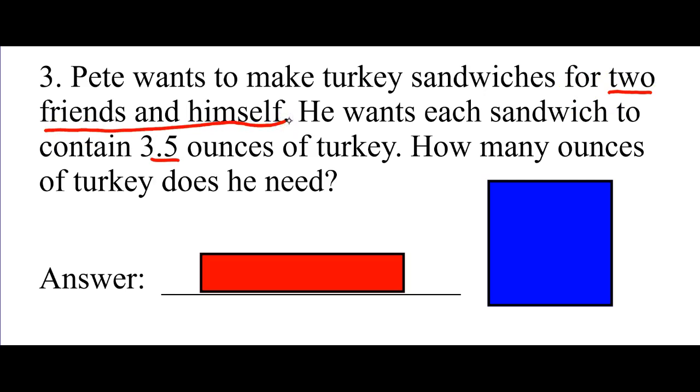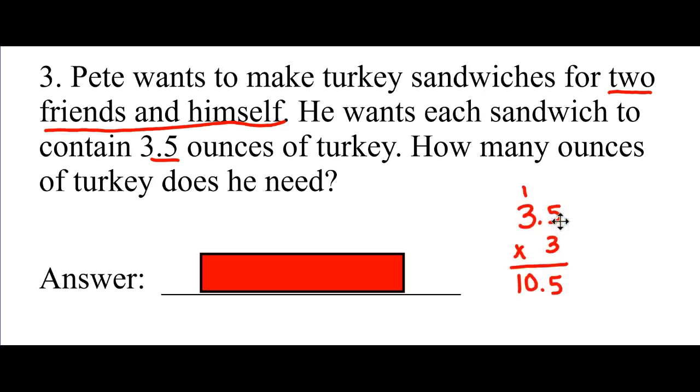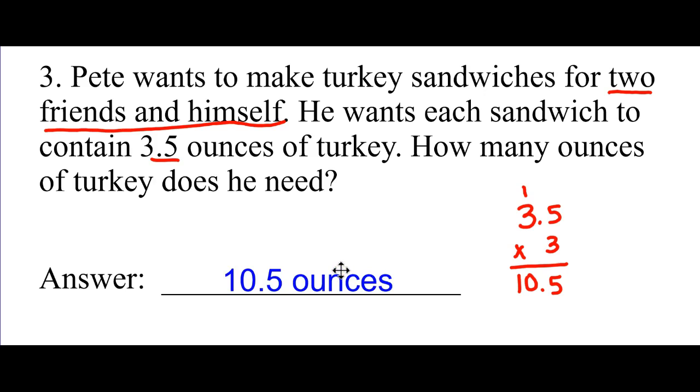So there were 3 sandwiches being made. So you should have been multiplying 3 5/10 times 3 people. And when you do that, you end up with 10 5/10. And you need to make sure that you have the label ounces in your final answer.